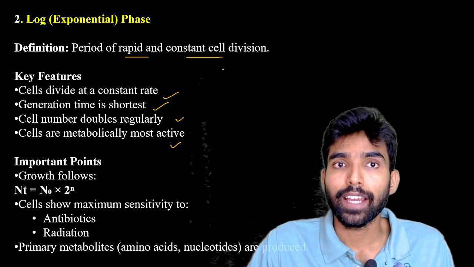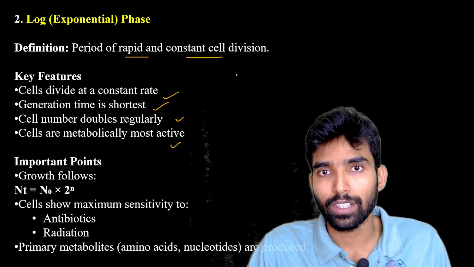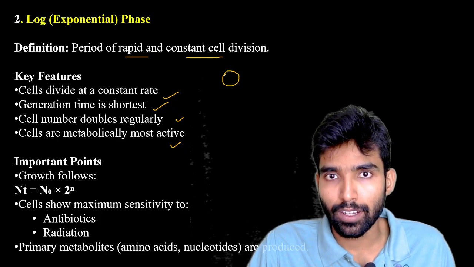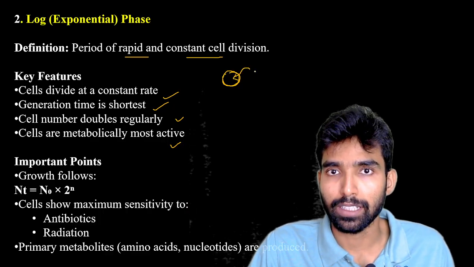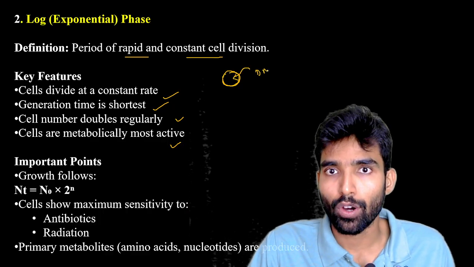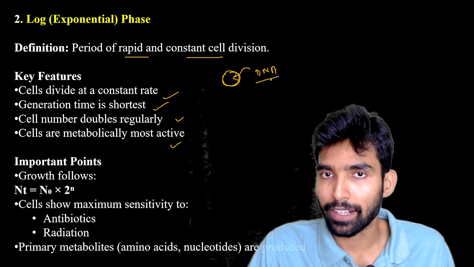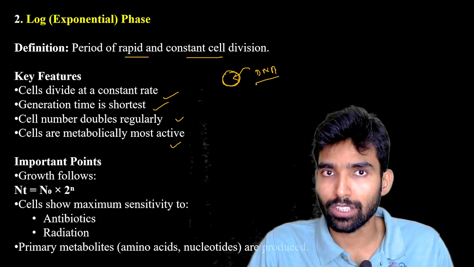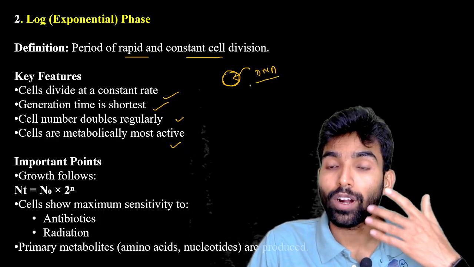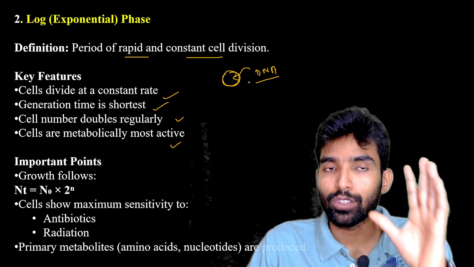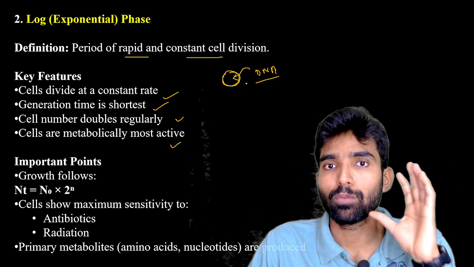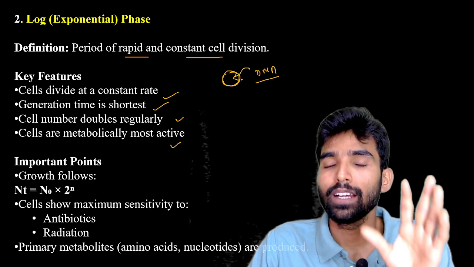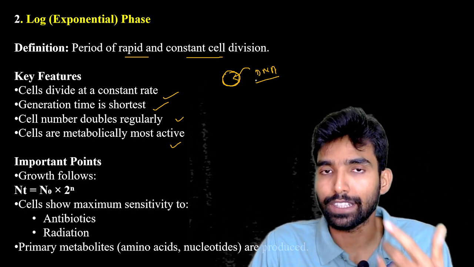So let's say you have one particular bacteria, and you want to insert something, maybe some DNA, inside the bacteria. You want to do electroporation of bacteria. Whatever you want to do, you should consider the log phase, because in the log phase the bacteria are the most active, and it's highly probable the bacteria will take the foreign DNA.